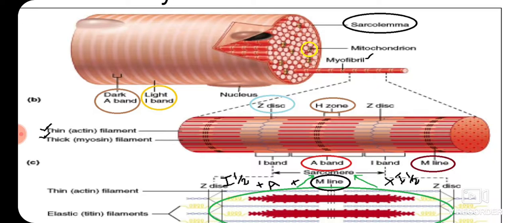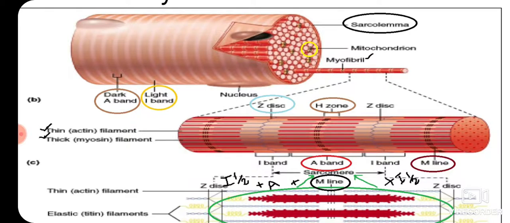Here you see the I band, which contains only the thin filaments, and the A band contains the whole thick filament. It also contains some thin filaments along with the thick filament, so it is the A band. Inside the A band you see an M line, which is in the middle of the thick filaments.